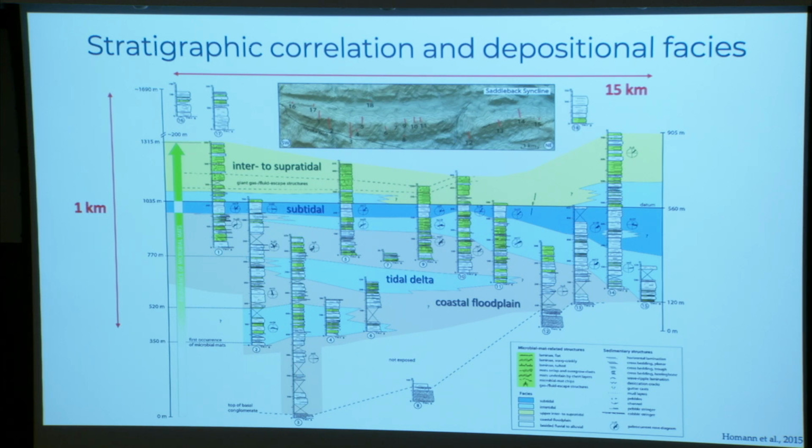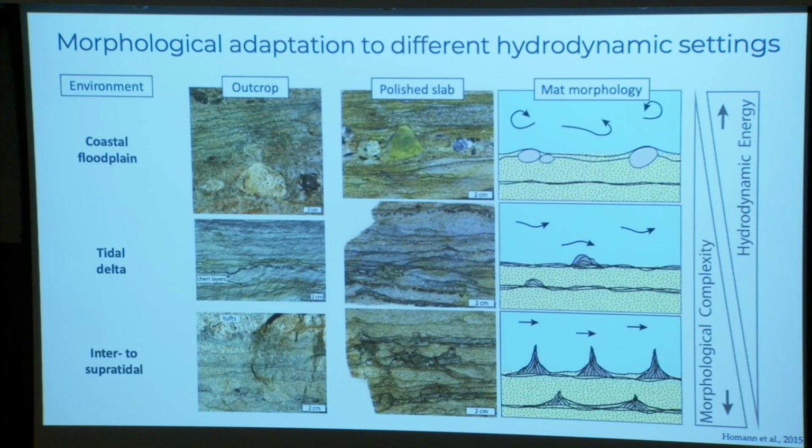still preserved. Outcrop observations also show that the morphology of these mats really depends on which environment they were once living in. So in more protected paleoenvironments, we form more complex, tufted microbial mats, whereas in environments where current speeds were high enough to transport pebbles and conglomerates, mats tend to be flat.